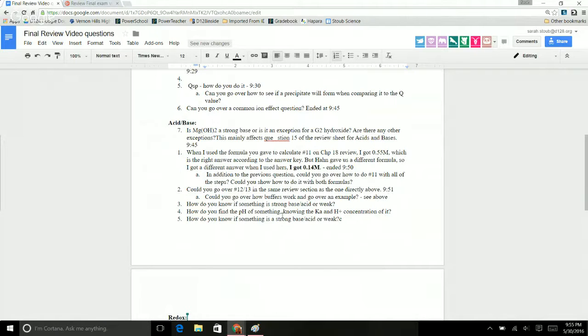Sounds about right. And the strong bases are the ones in group 1 or 2. Anything from group 1 and 2 in the periodic table hooked up with hydroxide will be a strong base, except for beryllium. Beryllium hooked up to hydroxide is not a strong base. It is a weak base. Everything else that I've listed would have to be a weak base.